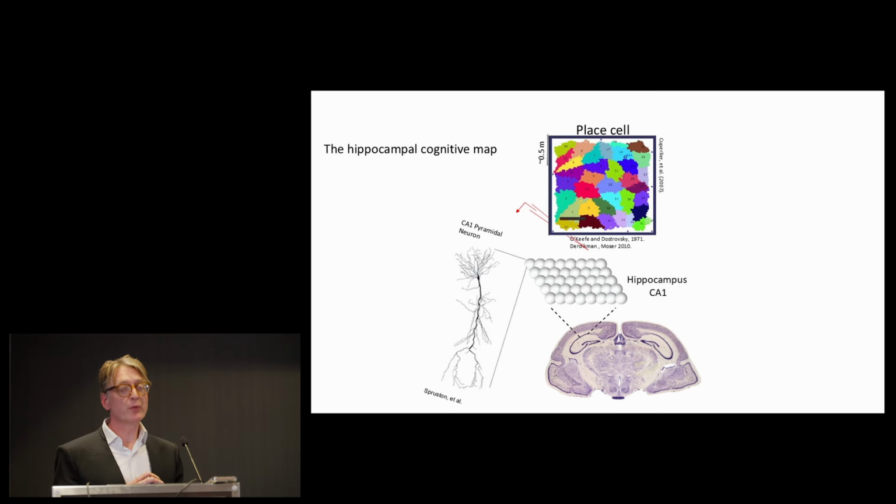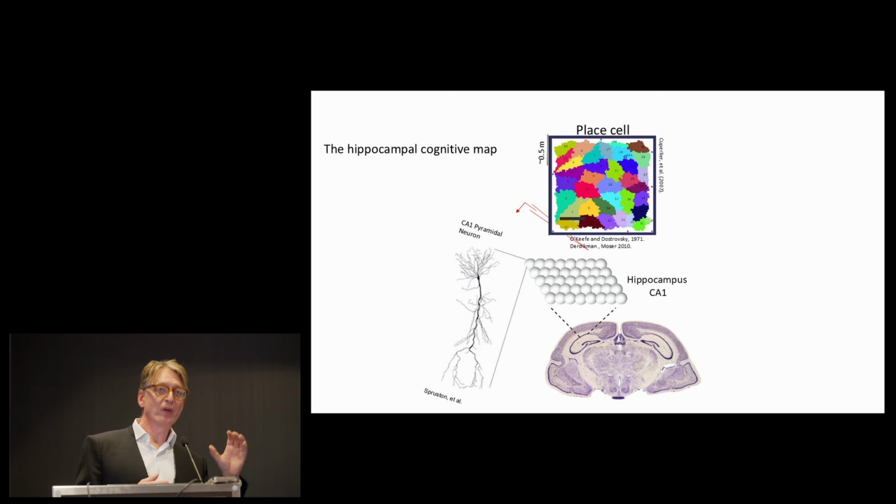This is with respect to world coordinates. This was discovered some years ago, and a Nobel Prize was won for it. Basically, with more recordings, you can figure out that the entire space is tiled by the receptive fields of place cells that report whether or not an animal is in a given location.